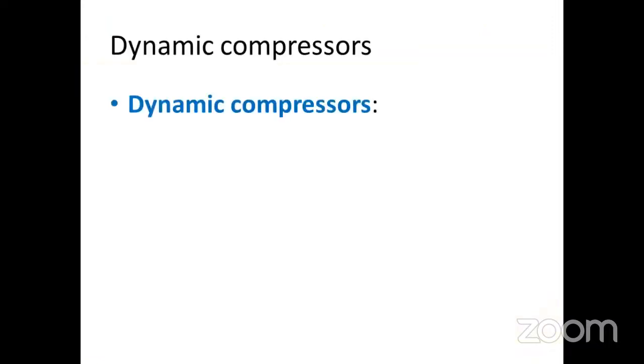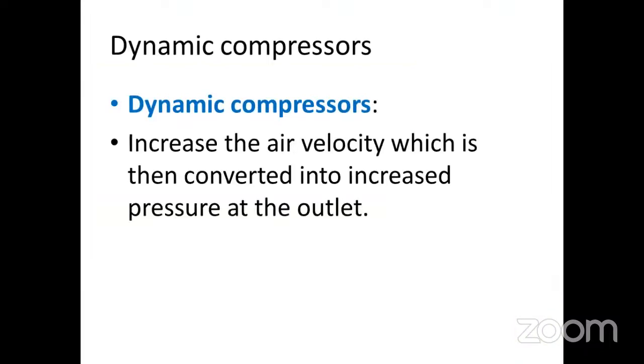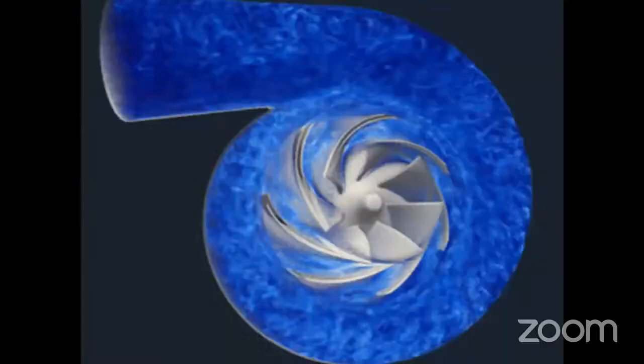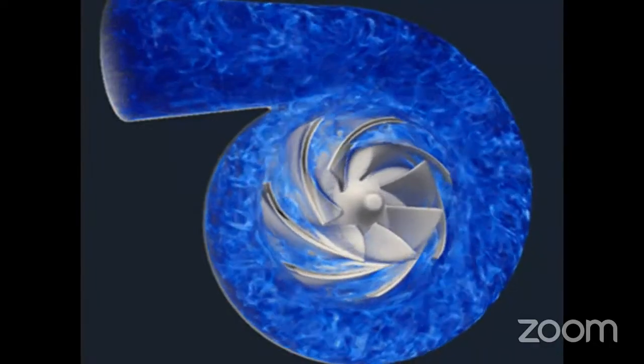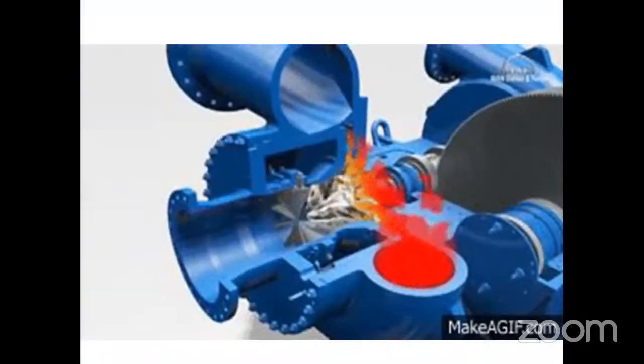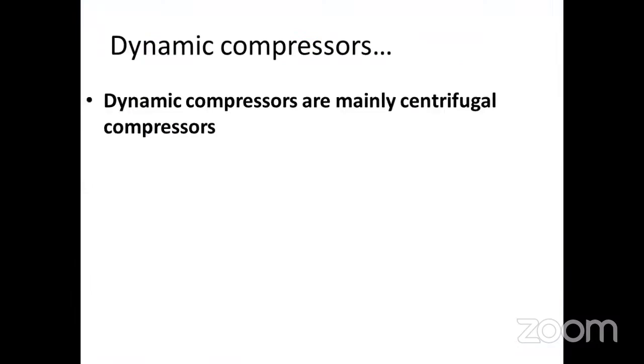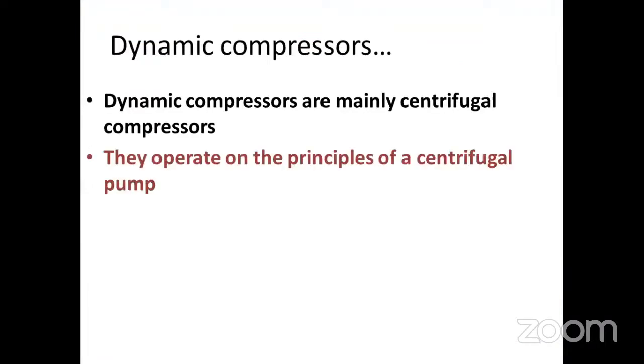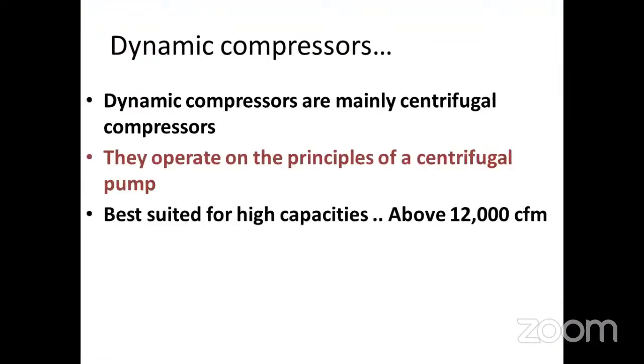Dynamic compressors. We come to the second category, dynamic compressor. They increase the air velocity, which is then converted into increased pressure at the outlet. They work on the principle of centrifugal force. The greatest advantage is they are best suited for high capacities.